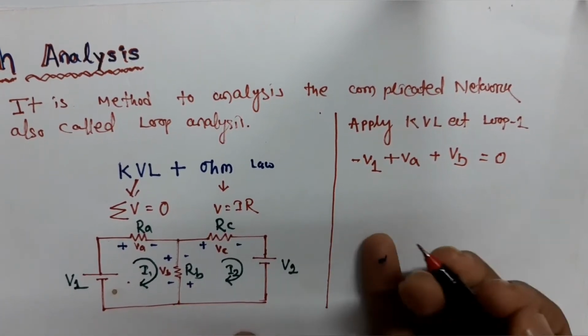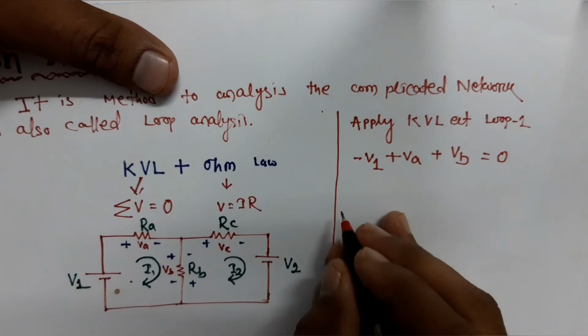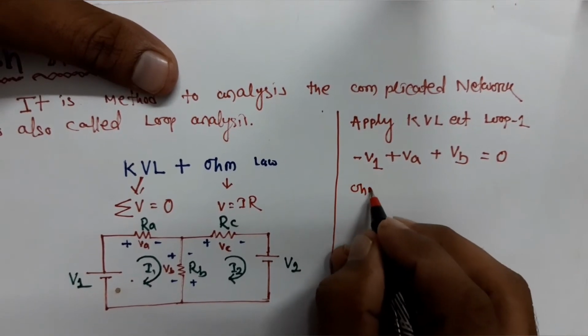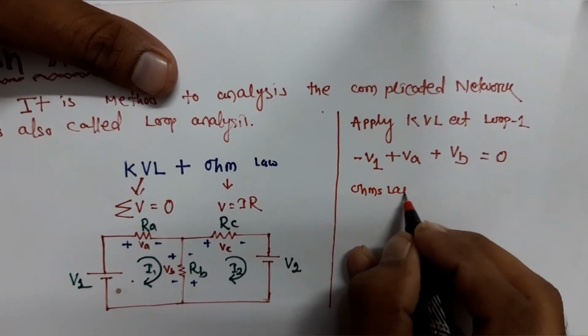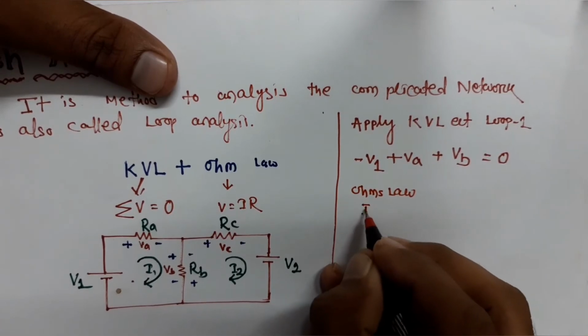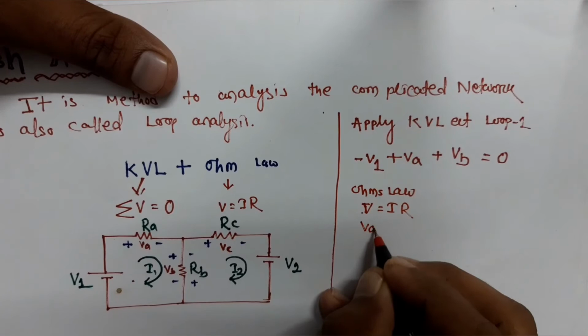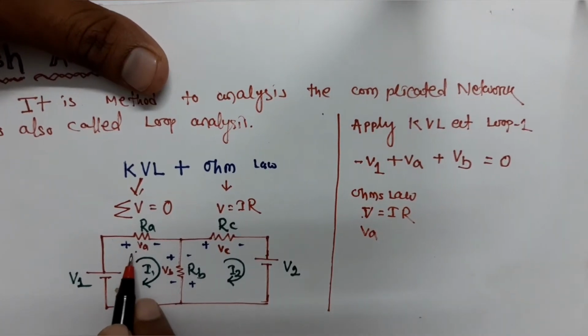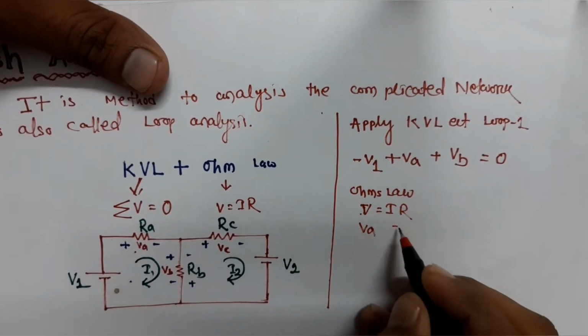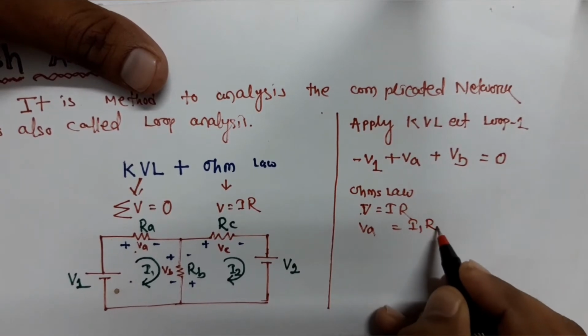Then apply Ohm's law here. We know Ohm's law: V equal to IR. Here VA equals I1 into R1, since current I1 is flowing through it.